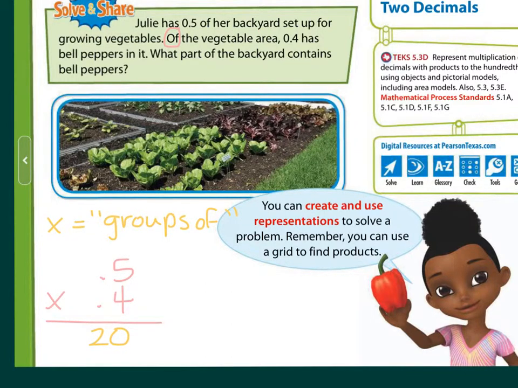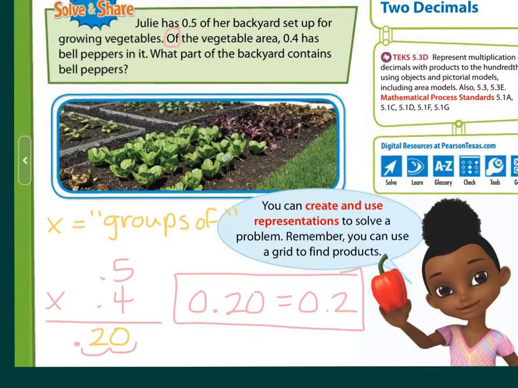And then you have one decimal place, or one number to the right of the decimal, and a second number to the right of the decimal. And so you would move it 1, 2. You place it before the 2, and so your answer would be 0 and 20 hundredths. Or another way to write that would be 0 and 2 tenths. So either one of those would be the correct way to answer this question.